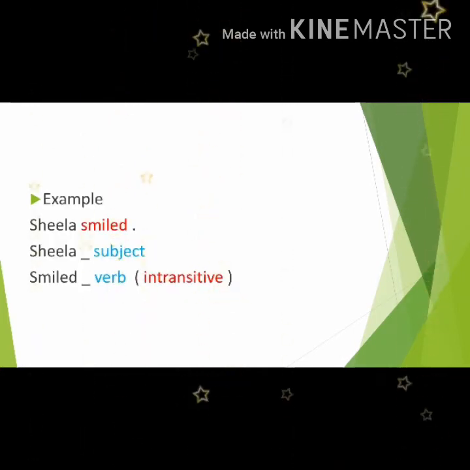In this sentence, Sheila is the subject. The verb smiled denotes an action. If we ask a question, Sheila smiled what? We do not get any answer. The verb smiled has no object. Therefore, it is an intransitive verb.